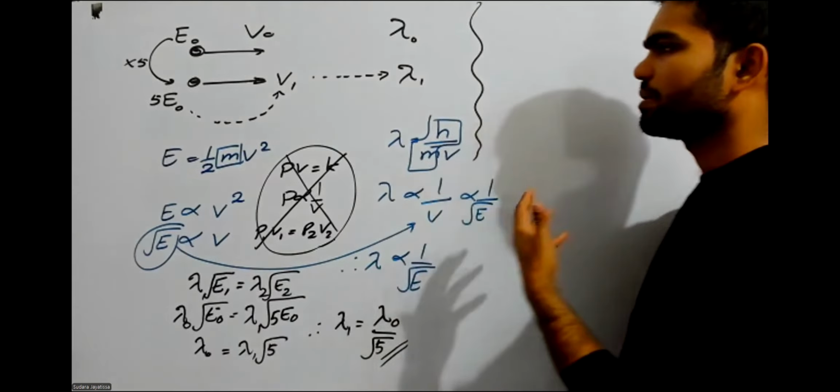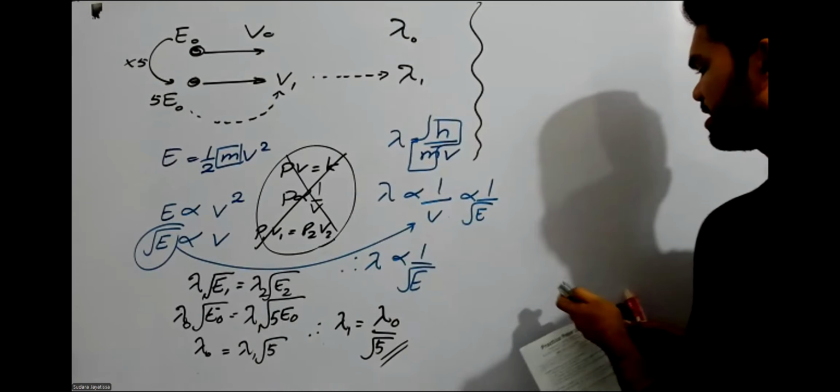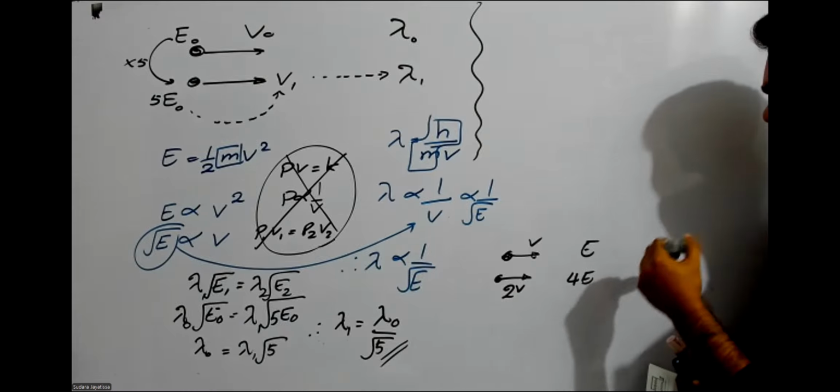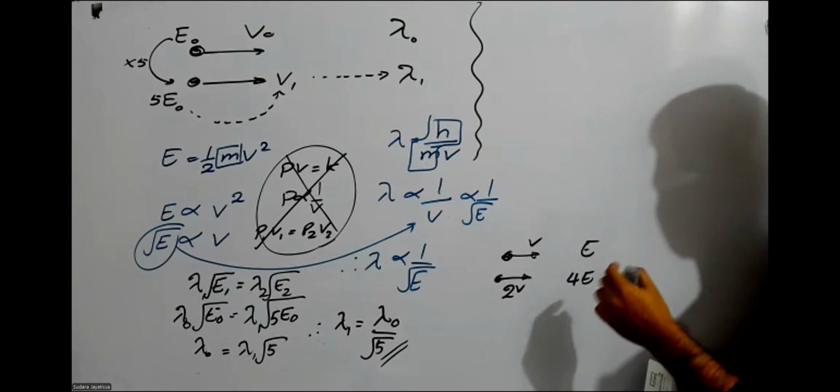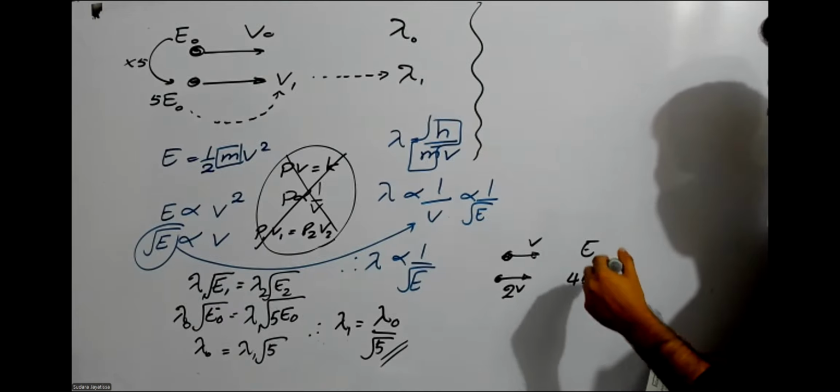Let's say a particle is traveling at speed v with kinetic energy E. If you double the speed, then the kinetic energy will be multiplied by 4 times. So whatever you multiply the speed by, the kinetic energy is affected by its square, and the speed by the root. So this is the root of 4.